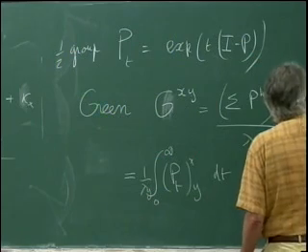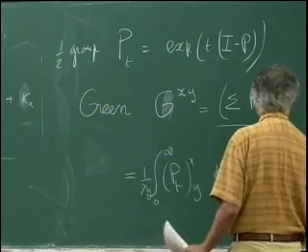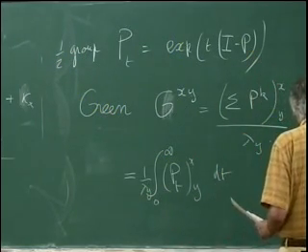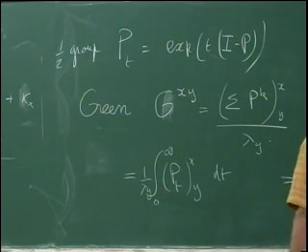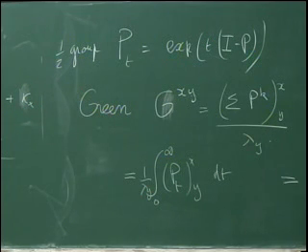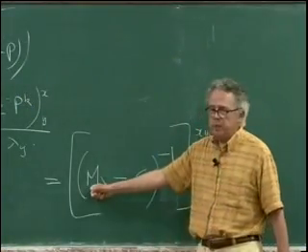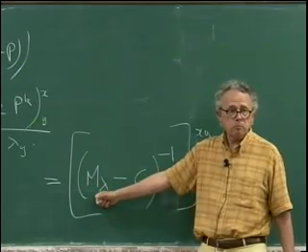And another way is to say that this is also equal to the inverse of this matrix. So this is a diagonal matrix with entries lambda.